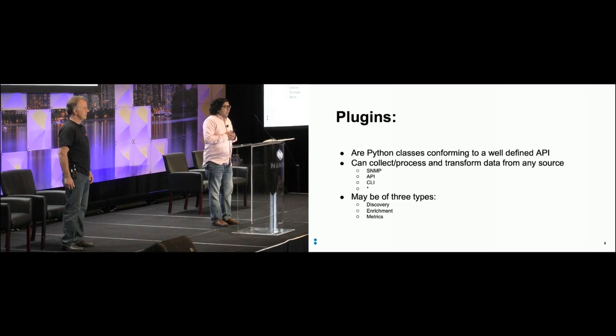Because it's Python code, you can actually write code to collect from any source that you like. It could be SNMP, could be API, CLI, or anything else that might come up in the future. As I'd mentioned, there are 3 types of plugins: discovery, enrichment, and metric plugins.